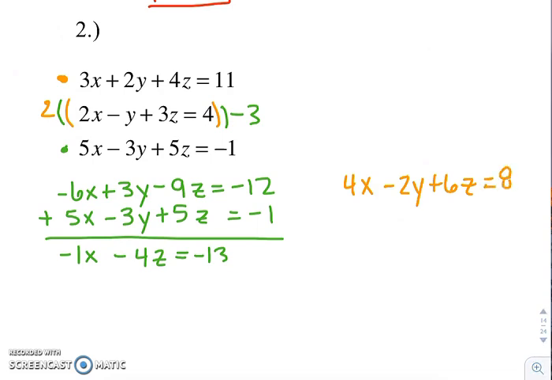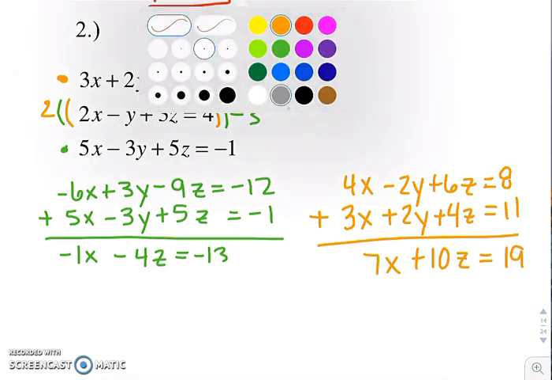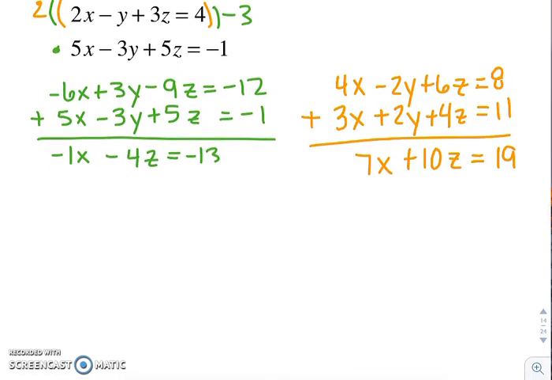And we're going to add that to 3x plus 2y plus 4z equals 11. So 7x plus 10z equals 19. So we've got our 2 equations with 2 variables. This is where we now set them up and just do a normal system of equation elimination with 2 variables.